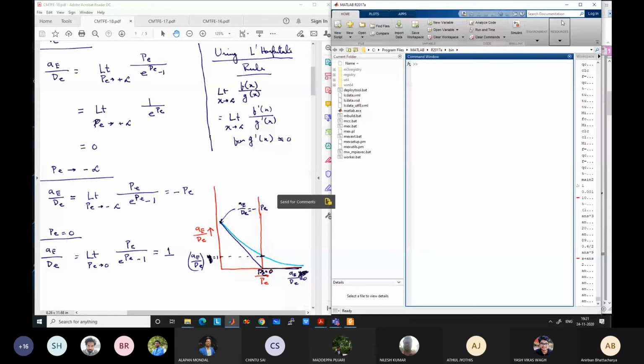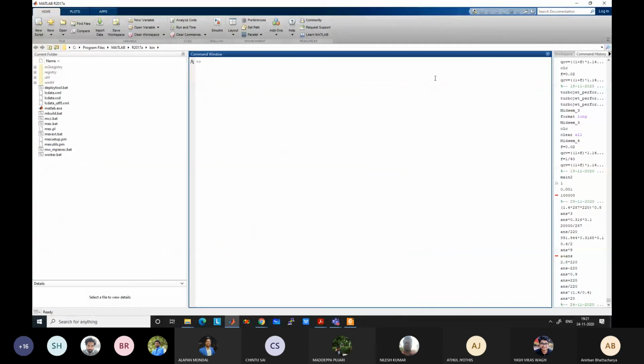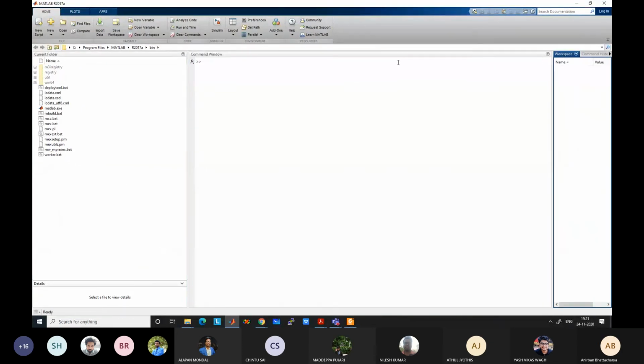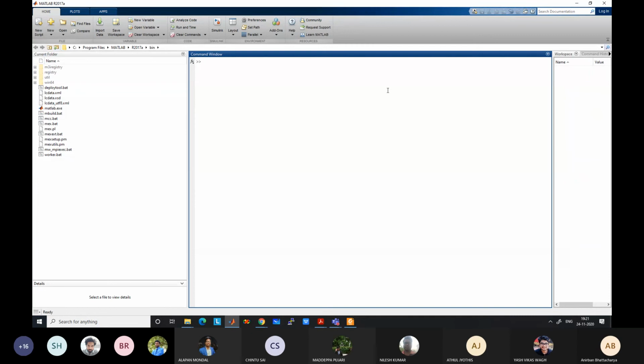We come to this. It's already clear. Okay. So let me take a Peclet number going from -100 to +100 in steps of. It will be too large, I think, range.